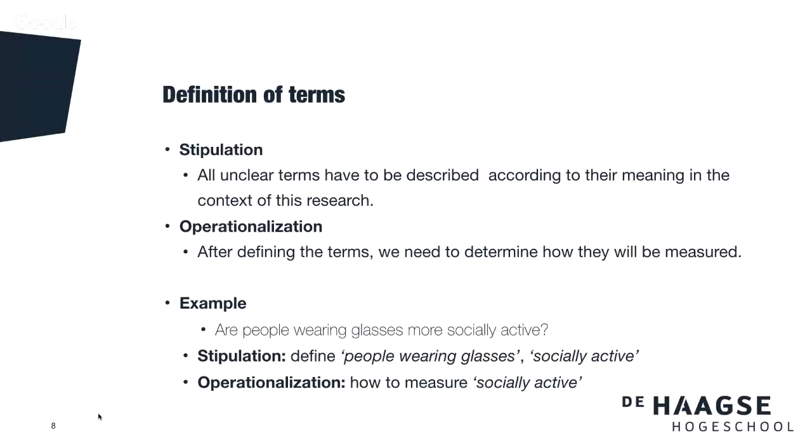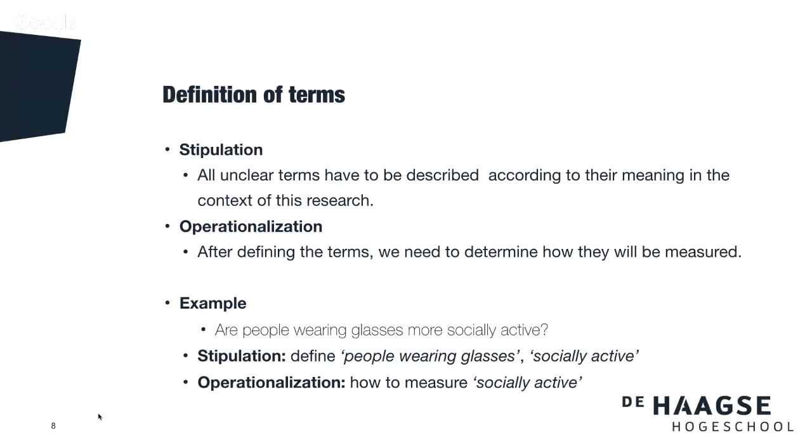People wearing glasses seems to be a straightforward thing, but if you think about it a little bit, you start to say, okay, so people who only wear reading glasses when they read something on paper, but in normal life they don't wear glasses. Are they considered as people wearing glasses or not? How about people wearing sunglasses on the beach? Are they people wearing glasses or not? Okay, so this needs to be defined.